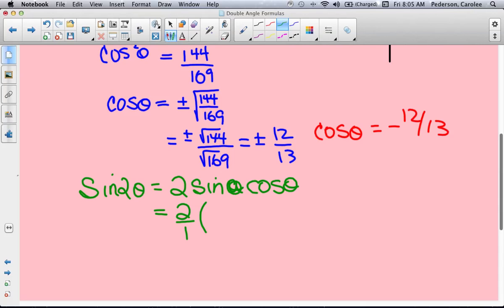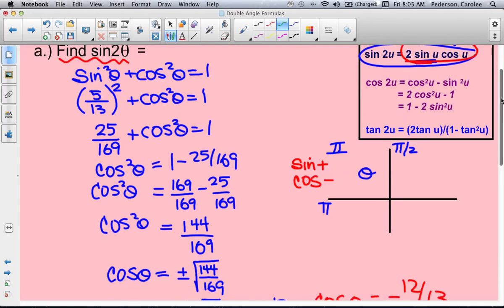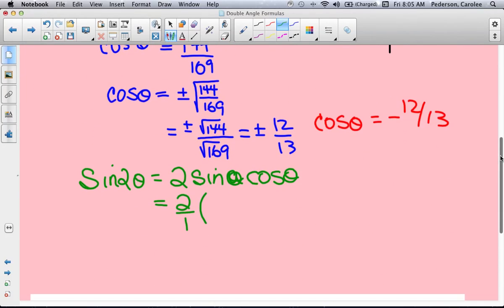Sine of theta was, up here, given as 5/13. So substitute 5/13 in. And then cosine of theta we just found, right here, negative 12/13.